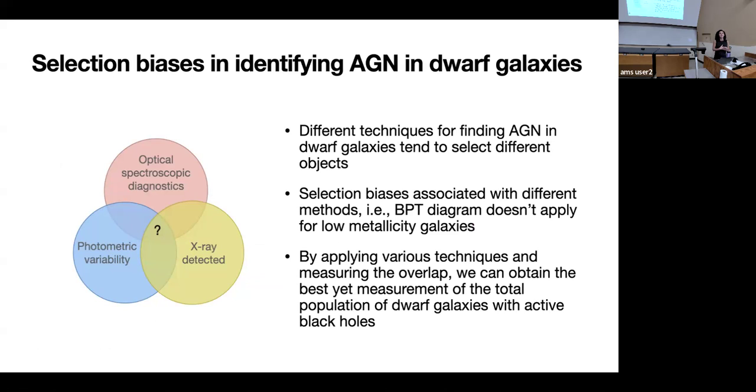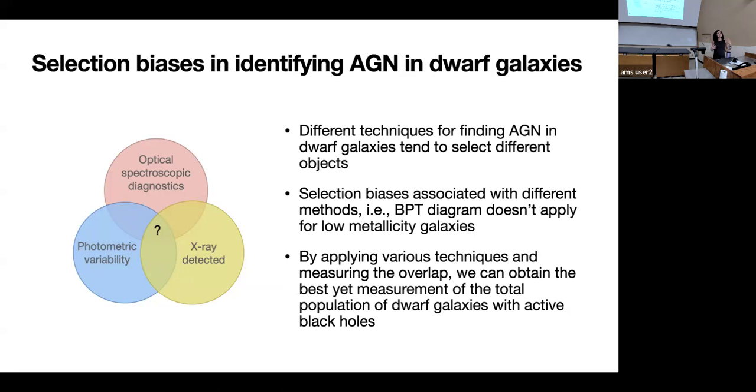Okay, so one of the things that we've seen is that these different ways of selecting black holes in dwarf galaxies don't necessarily agree with one another, right? So the objects that we find when we search with variability are different from the objects that we find when we use optical spectroscopic diagnostics.